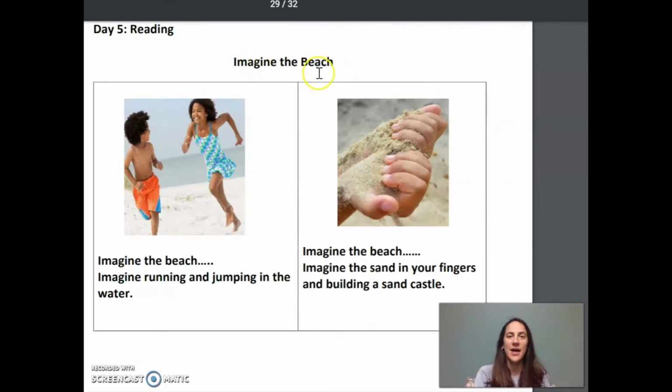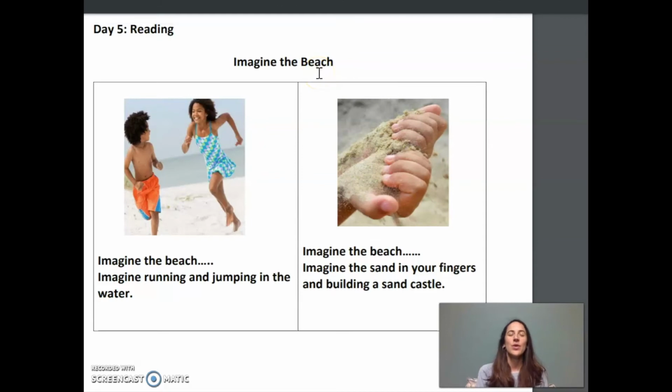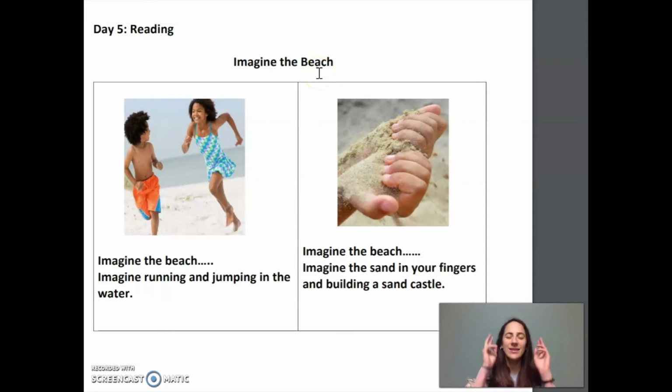Imagine the beach. Close your eyes and start to imagine. Okay, let's get started. Imagine the beach. Imagine running and jumping in the water.